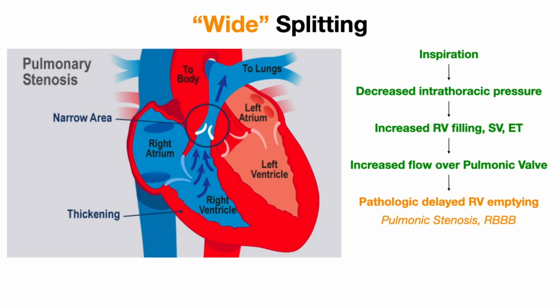So if we go back to our pulmonary stenosis example, under normal circumstances, when you take a deep breath in, you get increased right ventricular filling, stroke volume, and ejection time, increased flow over the pulmonic valve. But in the presence of pulmonic stenosis or a right bundle branch block, both of those conditions already cause slower or longer or exaggerated flow over the pulmonic valve, which will take even longer to close.